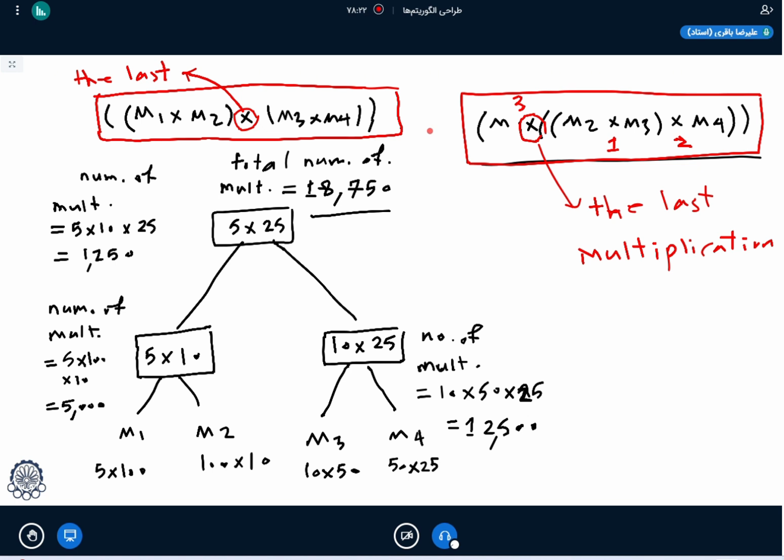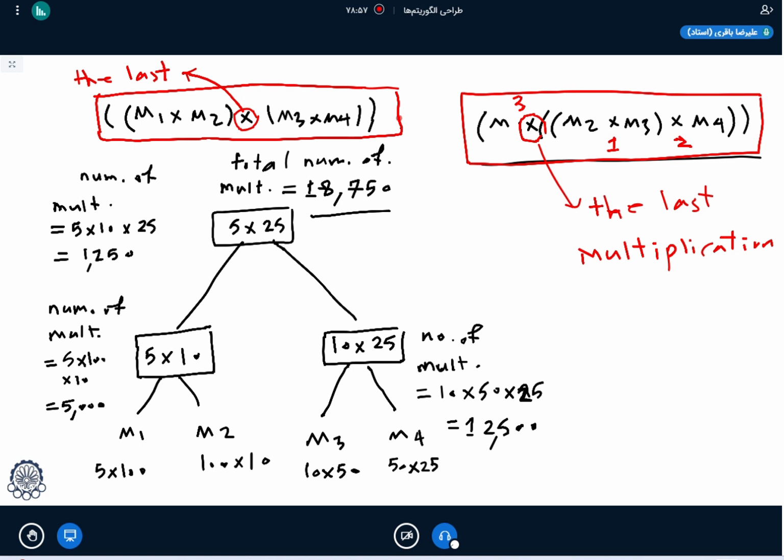And in that parenthesis, we get the minimum number of possible multiplications. So the number of multiplications in the best parenthesis is minimum, is optimal. So we are going to find a parenthesis that gives us the minimum number of multiplications.